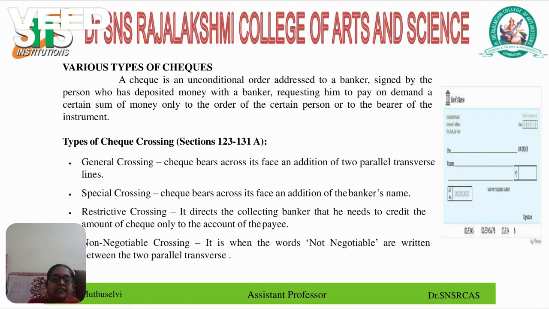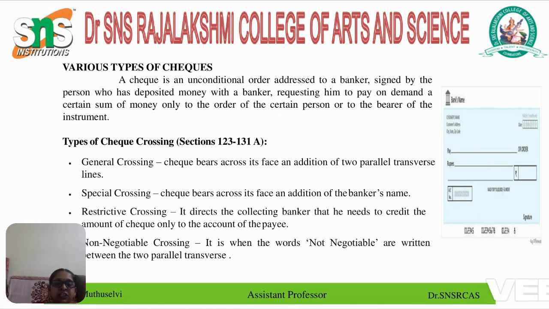Types of crossing of a check under sections 123 to 131A of the Act. General crossing: a check bears across its face an addition of two parallel transverse lines.